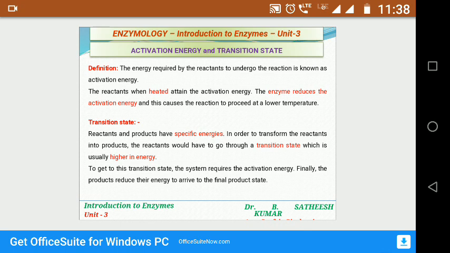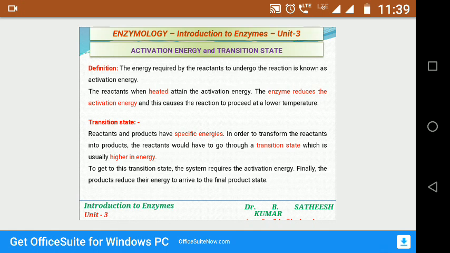Next we move on to another subtopic, that is activation energy and transition state. When we start learning about enzymes, the first question that may come to our mind is how these enzymes catalyze reactions which require very extreme conditions in the absence of enzymes. If we don't use enzymes, the same reaction requires extreme conditions. If you use enzymes, the same reaction will be carried out at normal conditions.